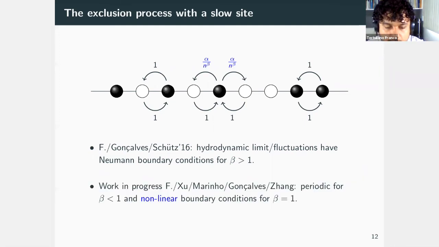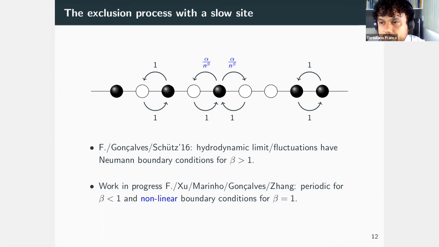Currently, we are working with Chicheng Xu, Rodrigo Marinho, who is Patricia's PhD student, and Linjie Zhang. I have some previous results. In resume, it seems it's periodic for beta smaller than 1, and it has non-linear boundary conditions for beta equal to 1.